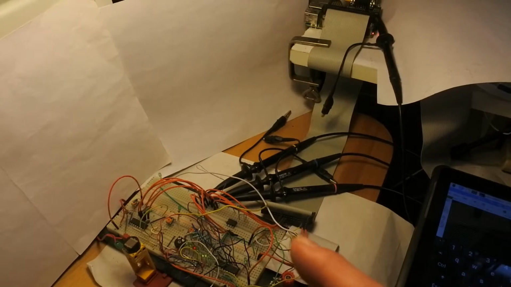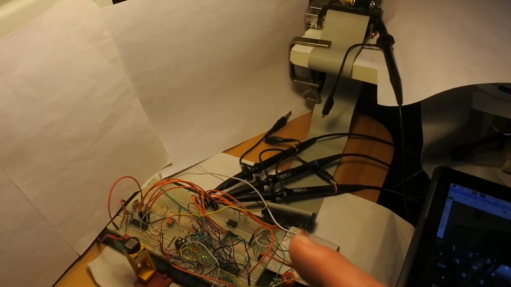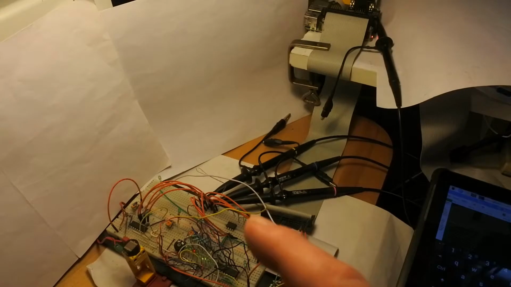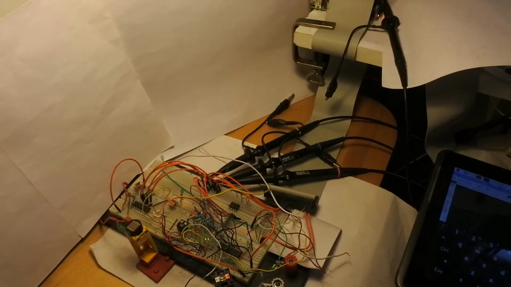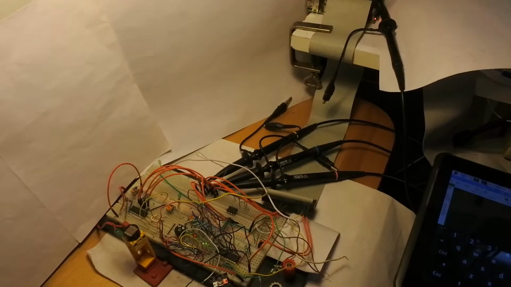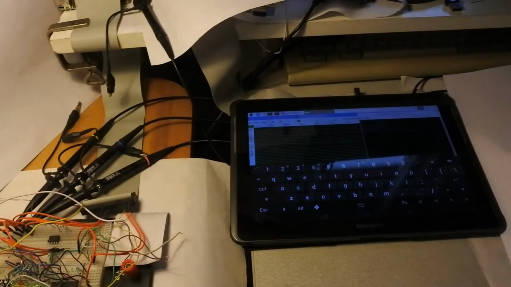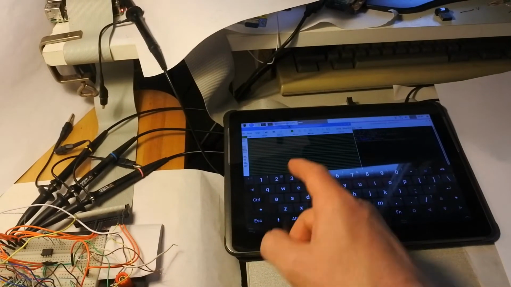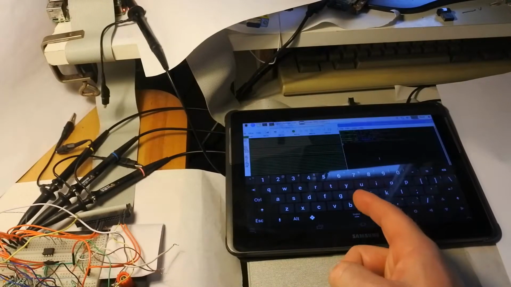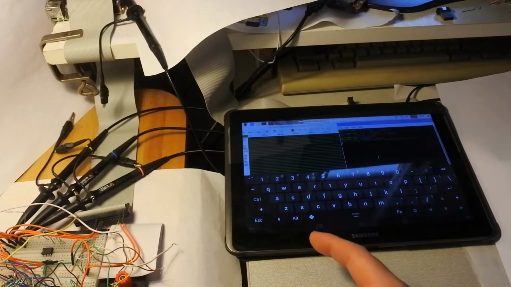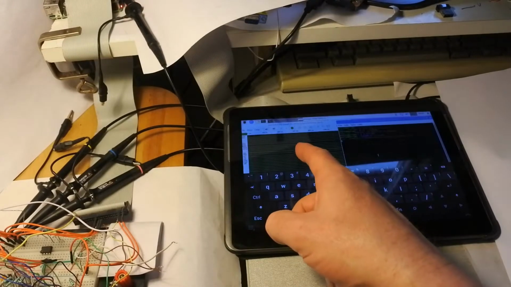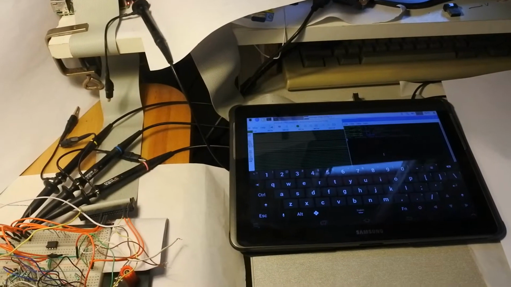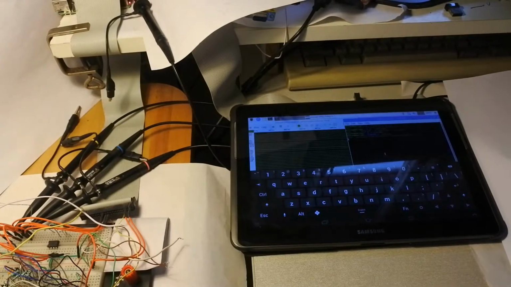Also, last time I reintroduced two LEDs which will blink when the value of the LDR is beyond a certain value. And then also this Android tablet in which I started the Pi scope, which is also running on the VNC, as you can see.